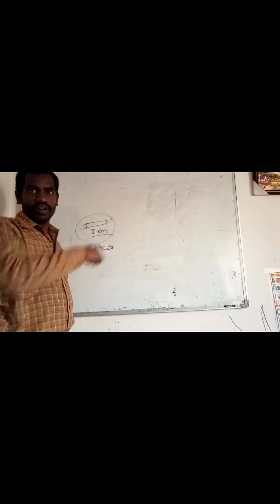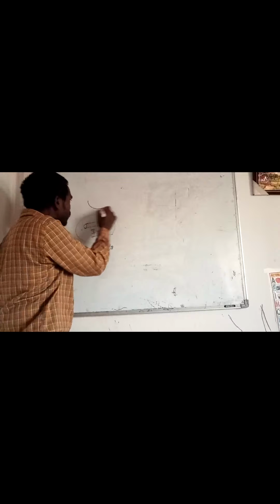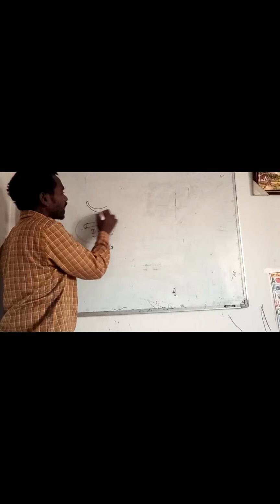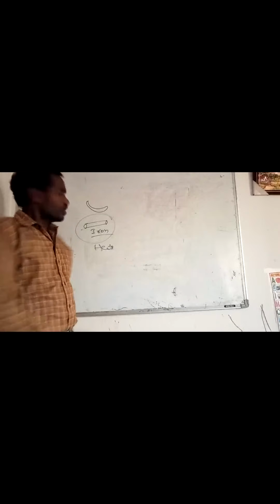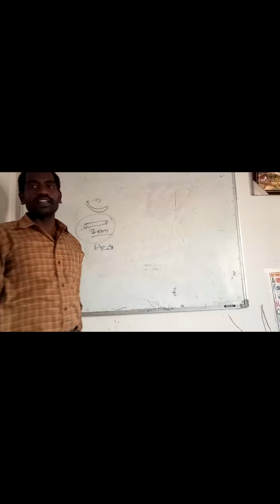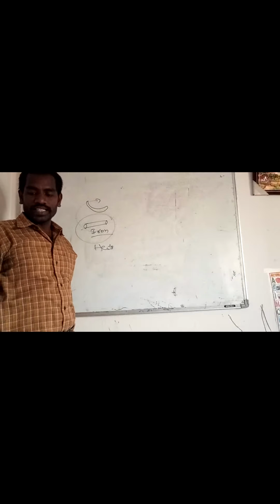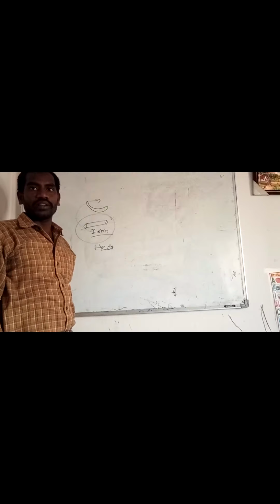Beat the iron with the hammer. What happened? The shape changes, like this. So this is called malleability.